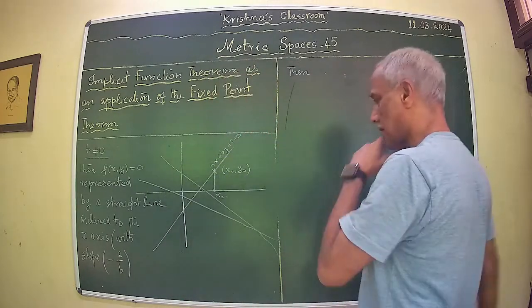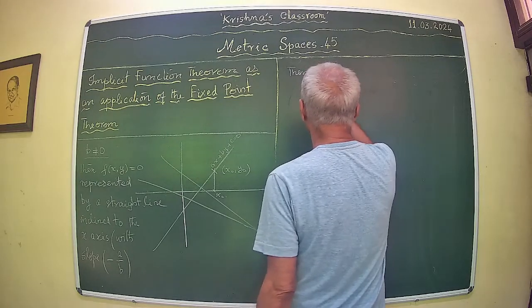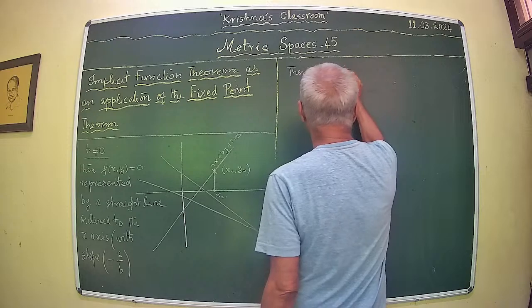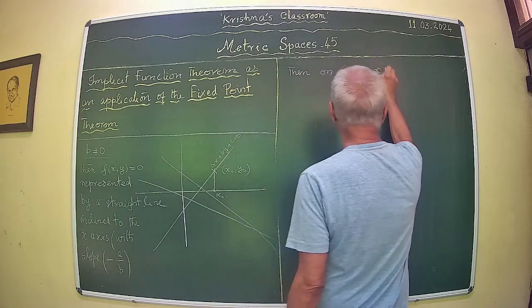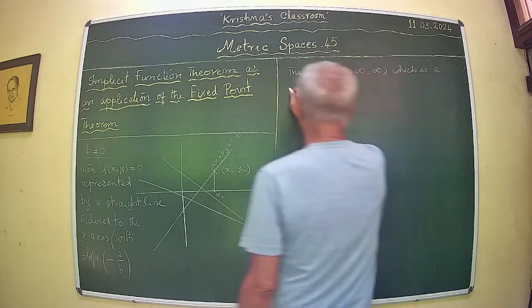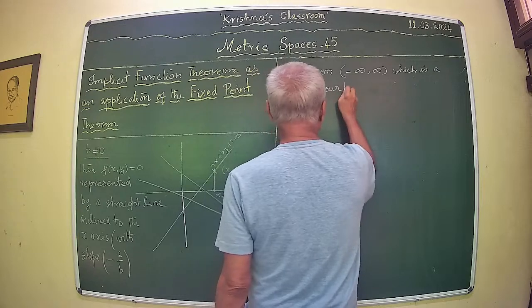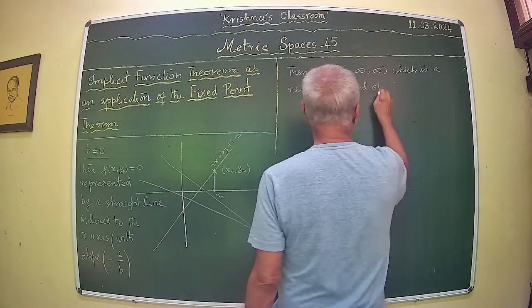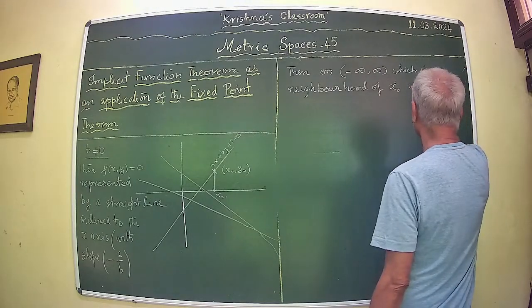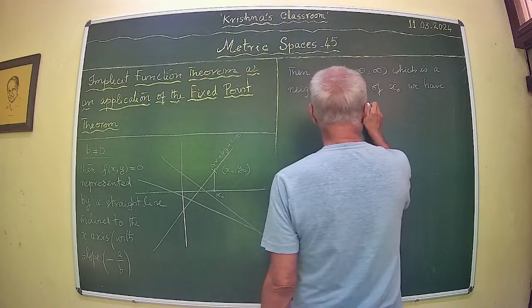Then on minus infinity to infinity, the neighborhood of x naught, we have y equal to minus (ax plus c) by b.